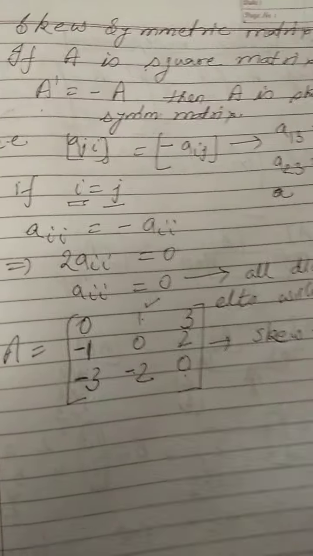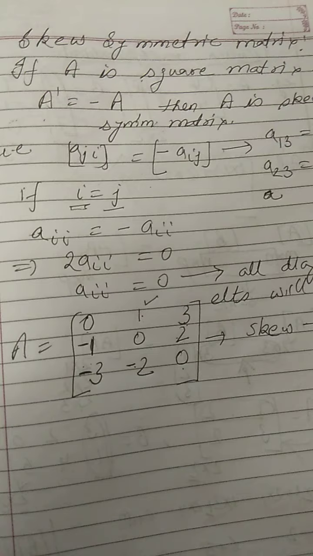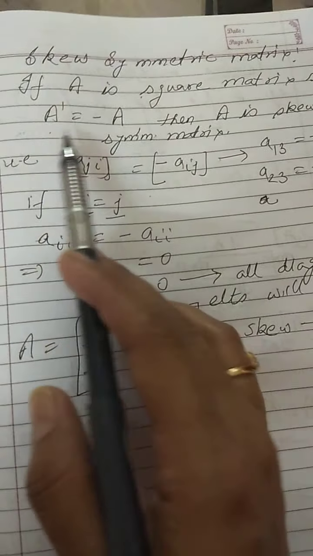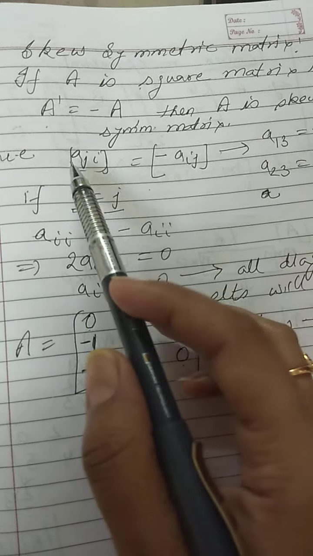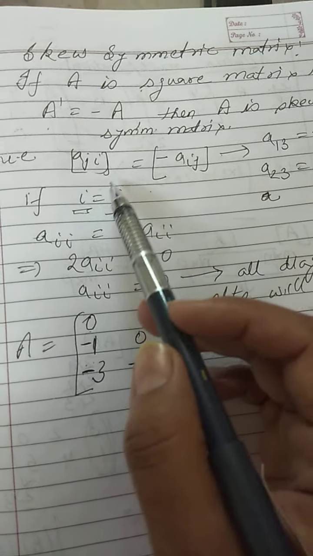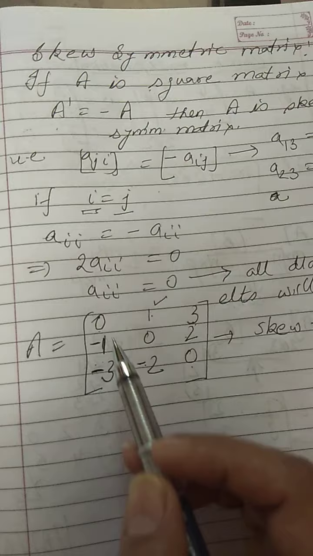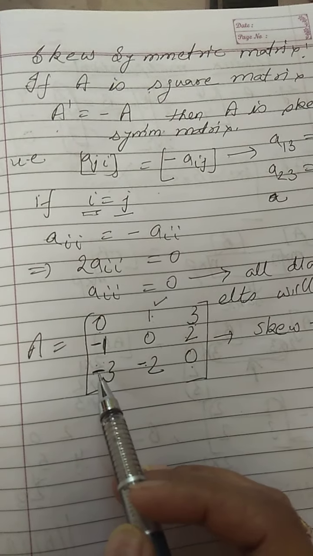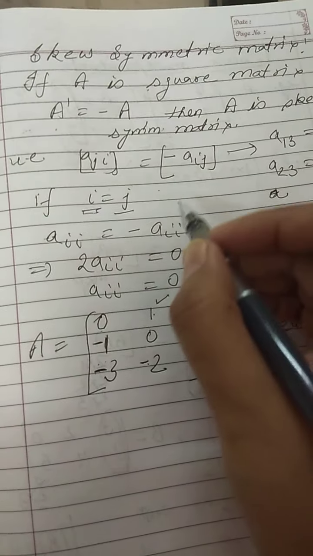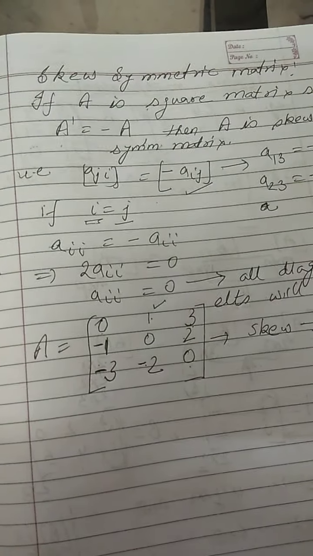The third thing that we have discussed is skew symmetric matrix. Skew symmetric matrix means A transpose equals minus A, so every aij element will be equal to the negative of the aji element and vice versa. For an example, all the diagonal elements will be 0 and the remaining elements we will write by keeping this rule in mind.